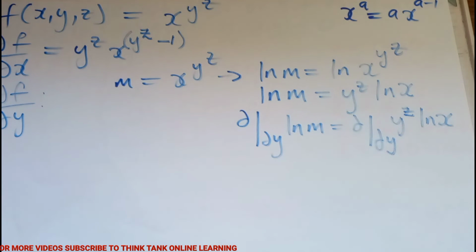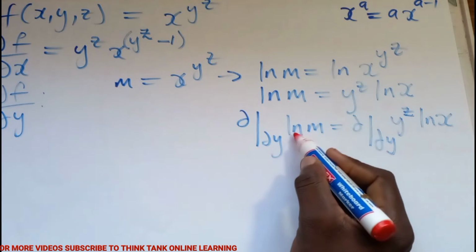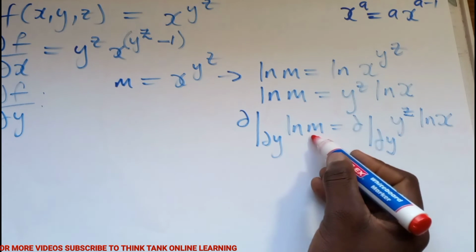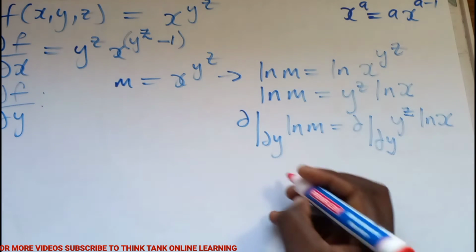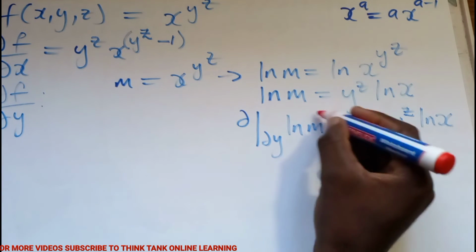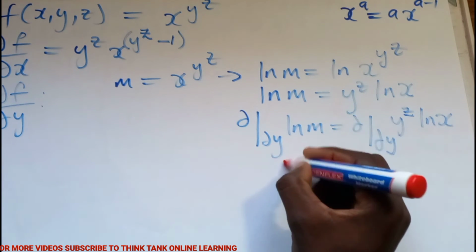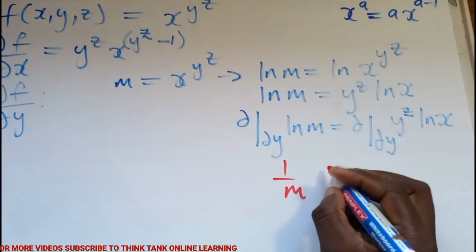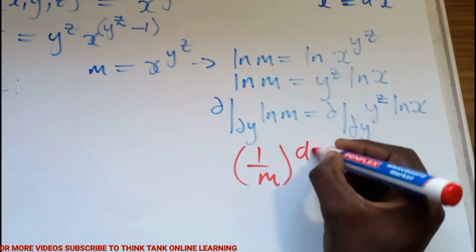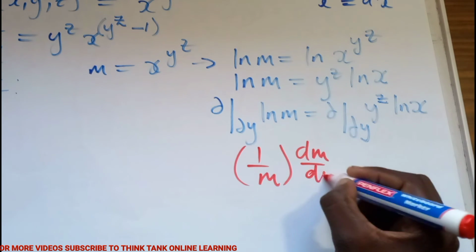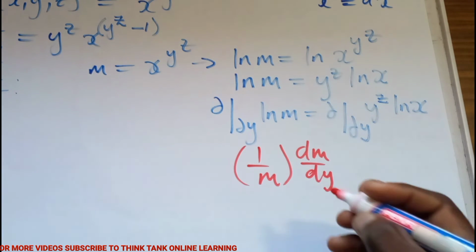If I differentiate ln m with respect to y, it's now implicit differentiation. The derivative of ln m is 1 over m, but I'm going to multiply by dm dy, since it's implicit differentiation.